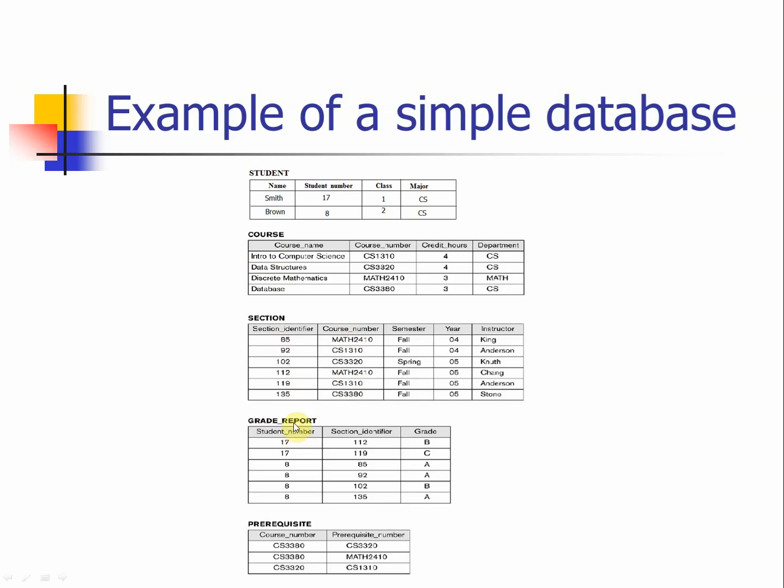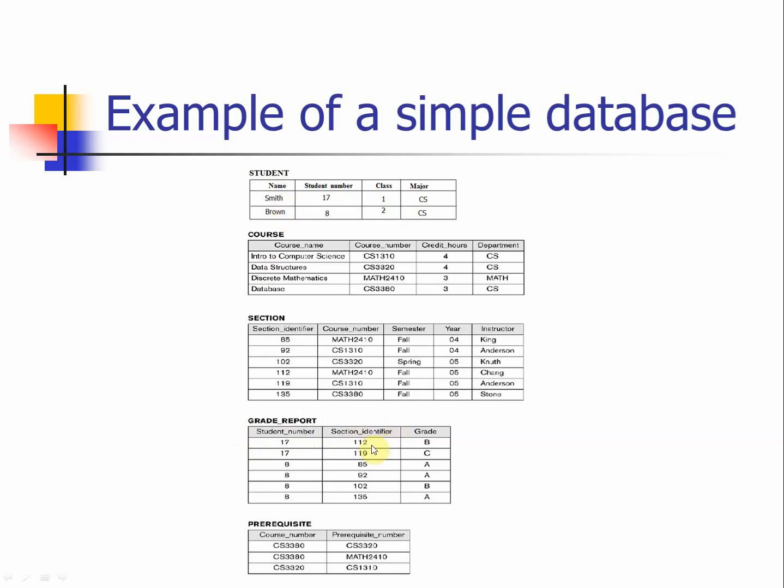The next one is even more interesting. Try to take a look at this one and guess what the first row represents in the grade report. Student number 17 means Smith.